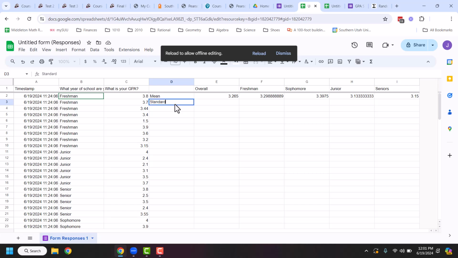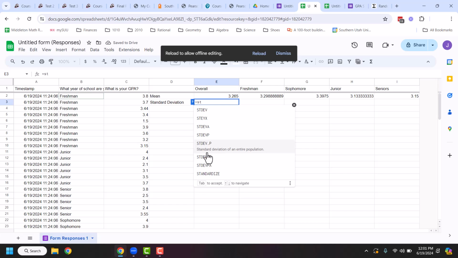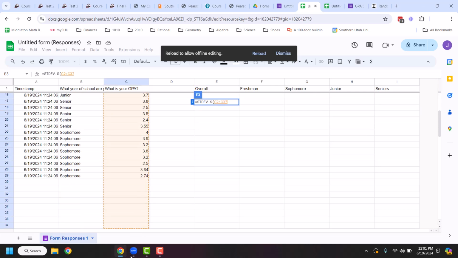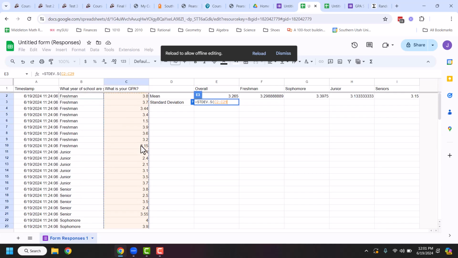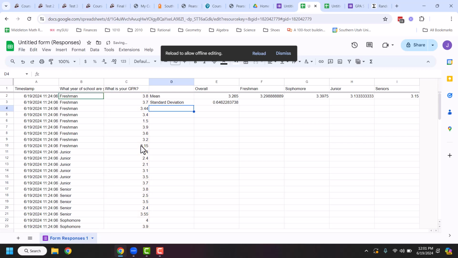deviation. So the standard deviation can be calculated with sdev.s because we're finding the standard deviation of the sample. So the overall standard deviation is going to be the standard deviation of all of the data set.